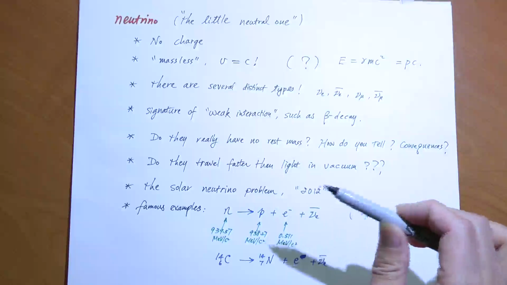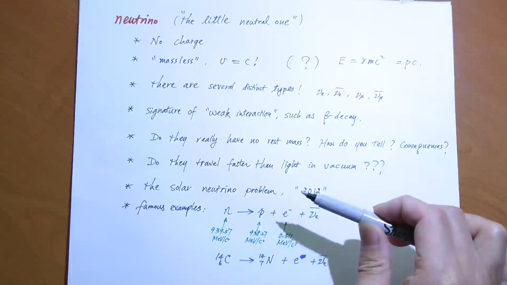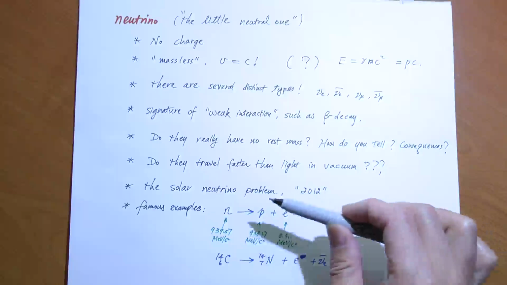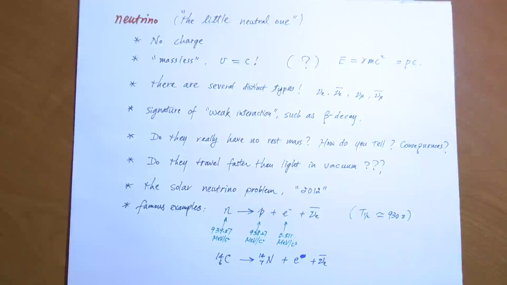And yet we have not detected as many neutrinos as we would hope to coincide with the energy production rate of the sun, and we call that the solar neutrino problem. One of the ways to resolve that would be to assume that neutrinos actually have a rest mass, even though it's very, very small.